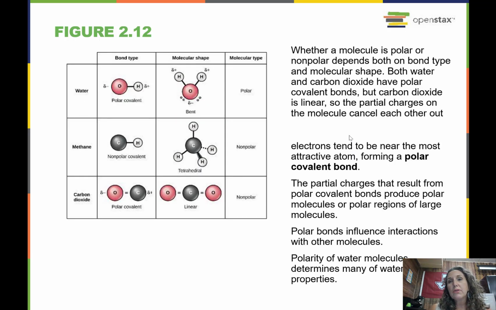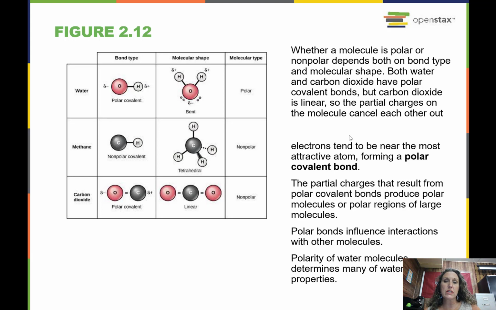All right, whether a molecule is polar or nonpolar depends on the type of molecule and shape. So water and carbon dioxide have polar covalent bonds. What does that mean? That means that they're sharing the electrons unequally. So one atom is pulling the electrons toward it, making it slightly negative, and the other atom has the electrons further away, and that makes it more positive.